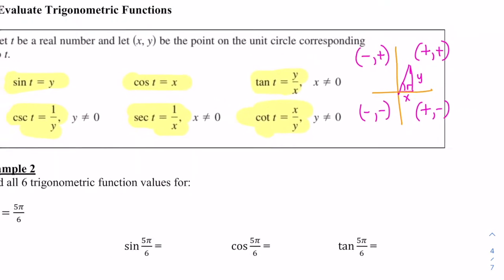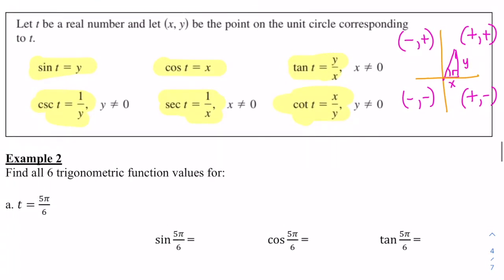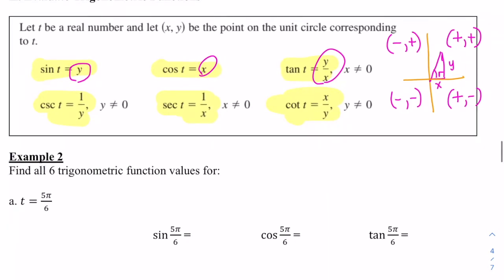So when we look at the x and y, you can see right here that all of them are going to be positive. All the y, the x, and the y over x, any of those quotients are going to be positive in the first quadrant. So all of these trig functions will be positive if the angle lies in the first quadrant.